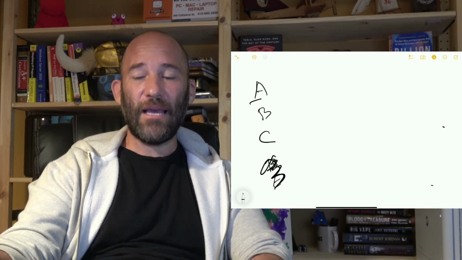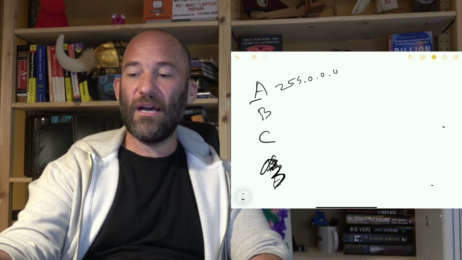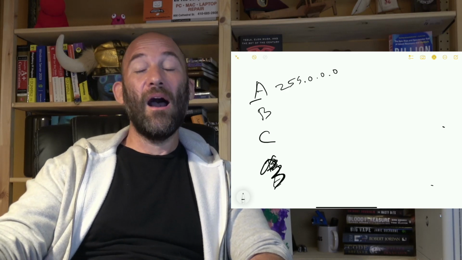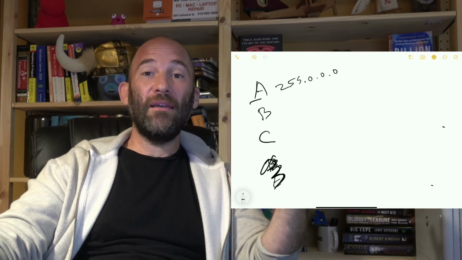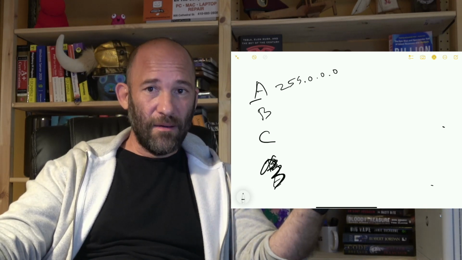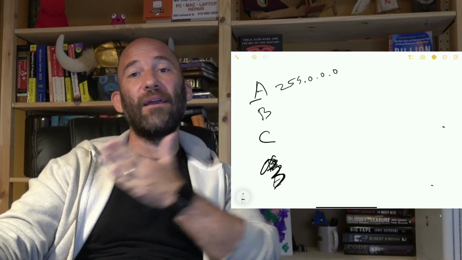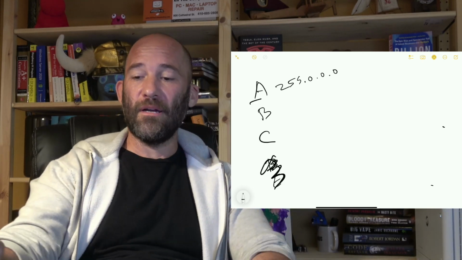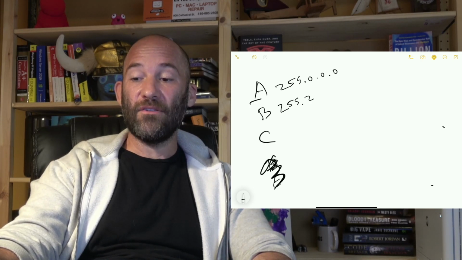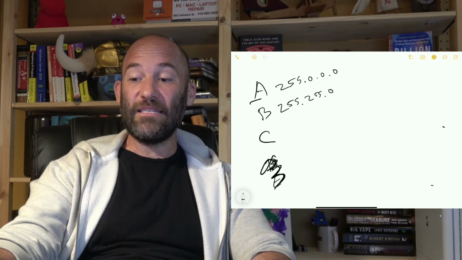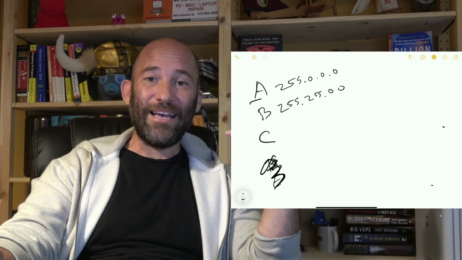So when you have a class A subnet, basically that means it's 255.0.0.0. So if I say this is a 10.1.10.15 address on a class A subnet, I then know that 10 is the network identifier, and everything past that is going to be the computer identifier. We have class B subnet, that is 255.255.0.0. So the first 2 octets are used as the network identifier.